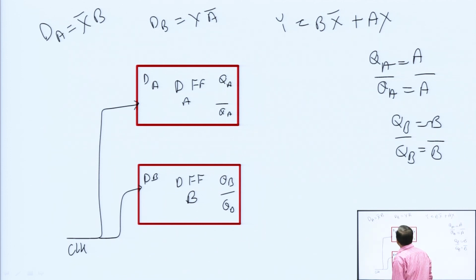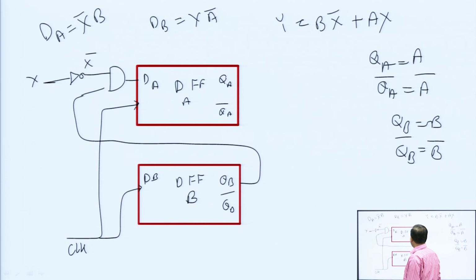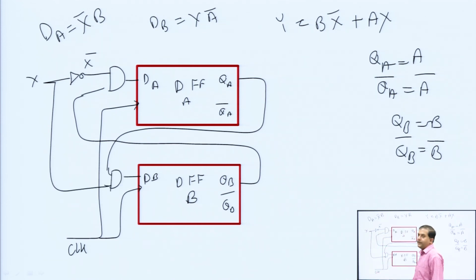So, the final: x bar B, this is B and this is x bar. The x bar B will be given to dA. Then x a bar, this is a, and you can write like this for dB.